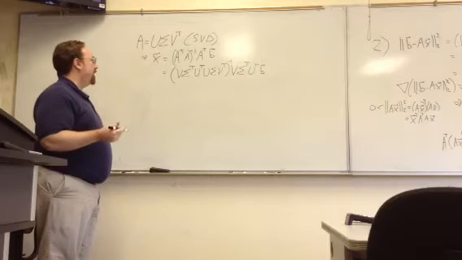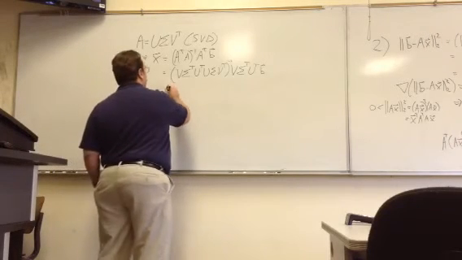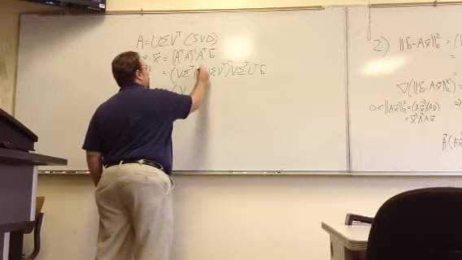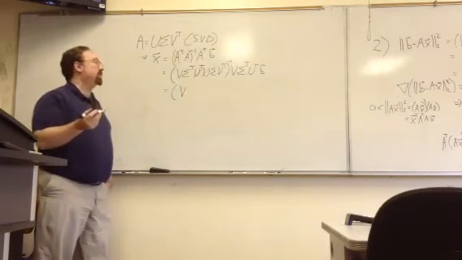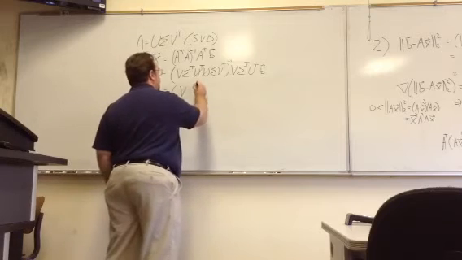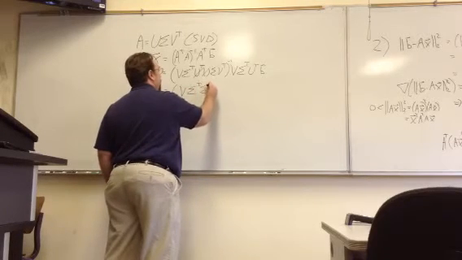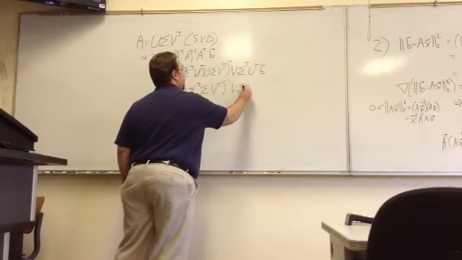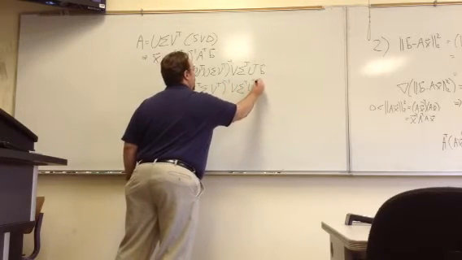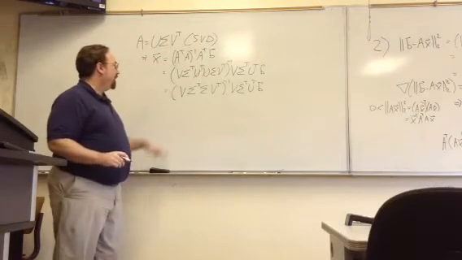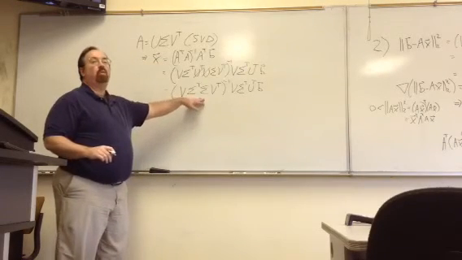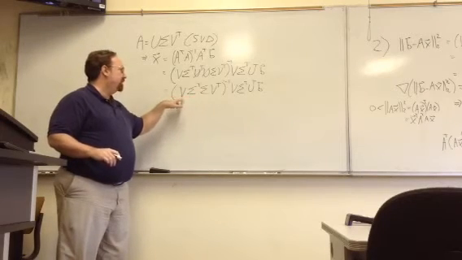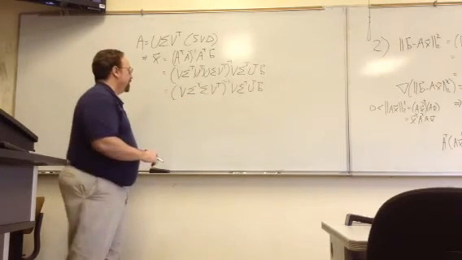Now, I'll simplify this as much as possible. The U's cancel because U is an orthogonal matrix. So now I have V sigma transpose sigma V transpose. Now, all of these matrices are square, so I can break this down into individual inverses.